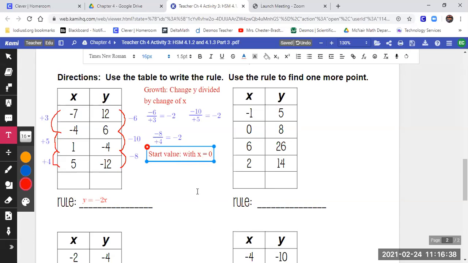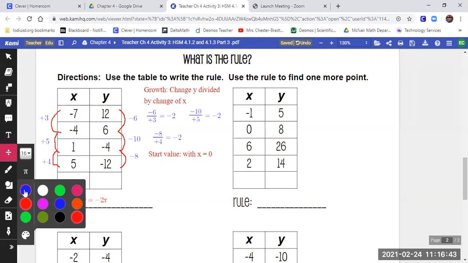That's where our start value normally is. Do we see an X equals 0 on the table? No.